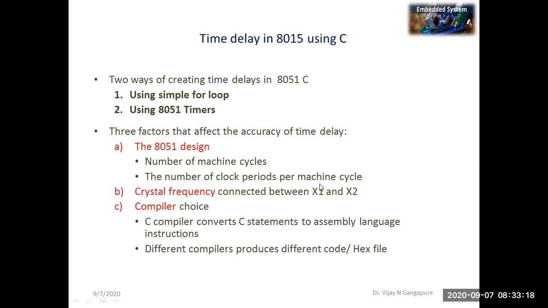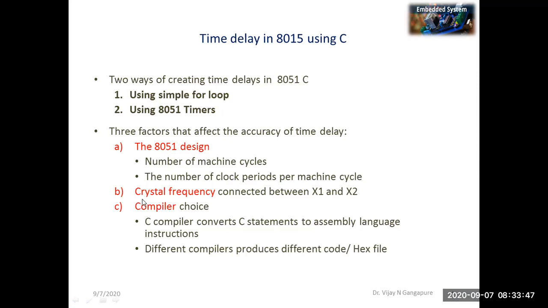For a particular microcontroller, there is a fixed number of clock periods per machine cycle. For example, normally it is 12 clock periods for one machine cycle, and instructions may require 1, 2, 3 or 4 machine cycles to complete their execution. So these two factors under the 8051 design affect the delay offered.